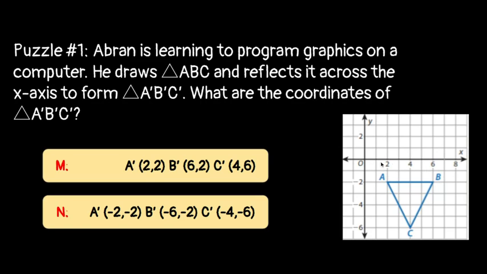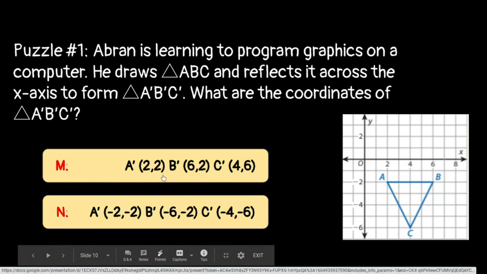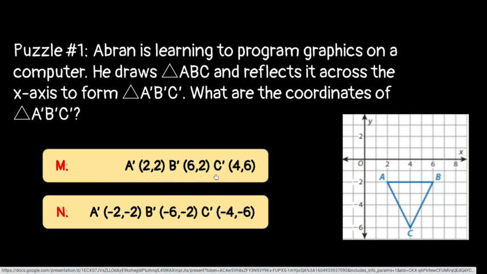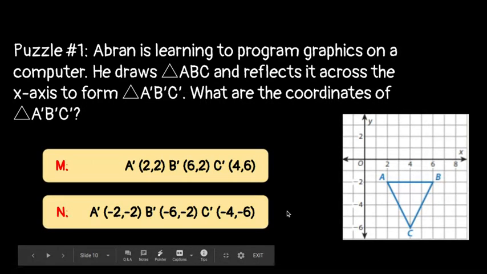Same for B. We're at 6, -2, so then we go to 6, +2, and the same for C. Which means our answer is M, A prime at 2, 2, B prime at 6, 2, C prime at 4, 6, or N, where A prime is at -2, -2, B prime is at -6, -2, and C prime is at -4, -6.